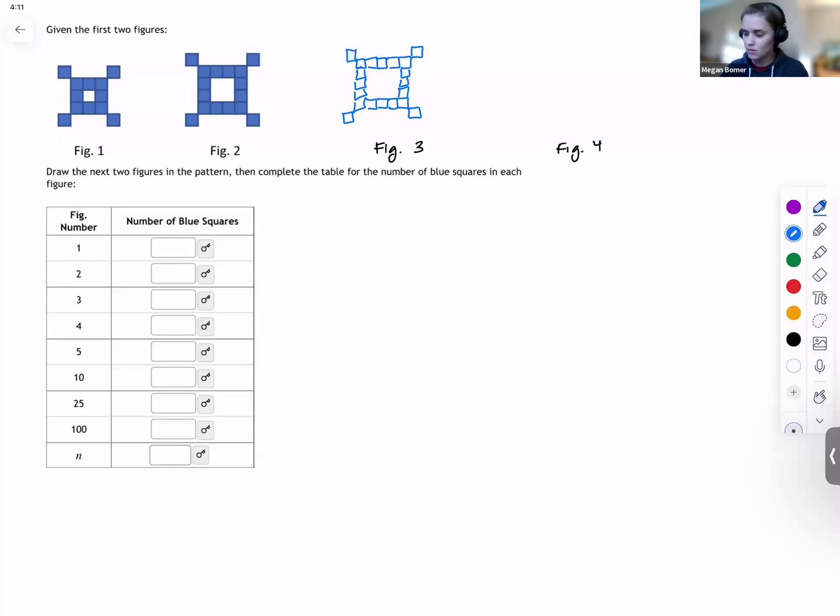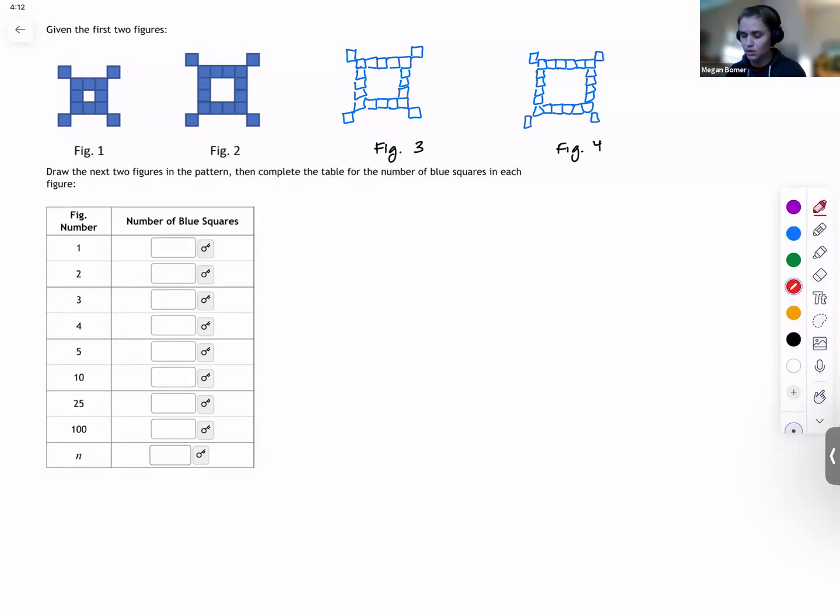That would be one way to look at it. Then if we extend that one more time, now there's going to be 6 squares across the top, and then the four little squares on each of the corners.